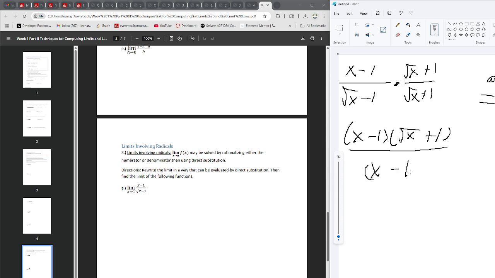And then you see here, this term cancels out this one. So we're left with... I keep forgetting the limit. Debbie, you can yell at me later. I'm just not gonna put the limit definition. We're just left with the limit as x approaches 1 of square root x plus 1.